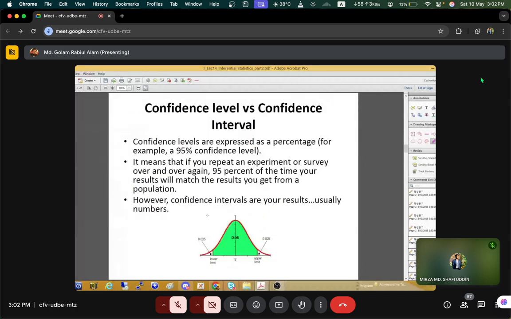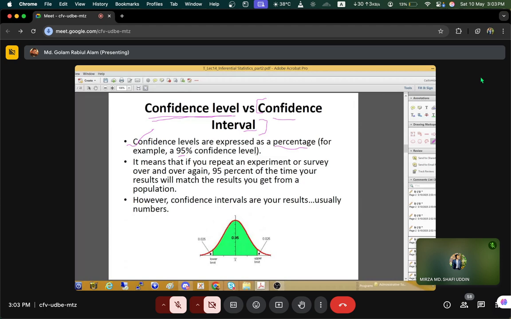Another terminology related to the confidence interval is the confidence level. Usually we measure the confidence interval, but it is explained together with the confidence level. The confidence level is usually expressed as a percentage, like a 95% confidence level.